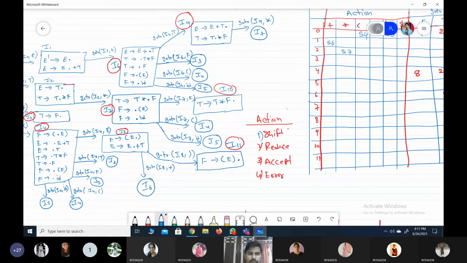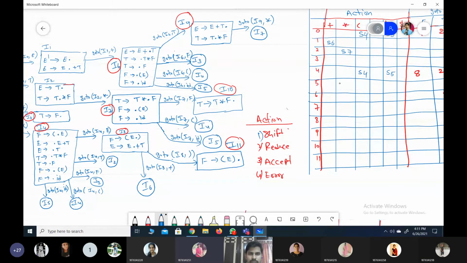We applied on I4. I4 on open parenthesis, S4, itself. I4 on ID, S5.